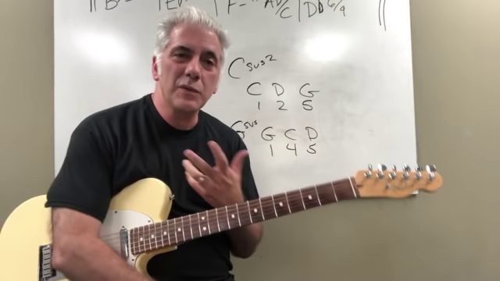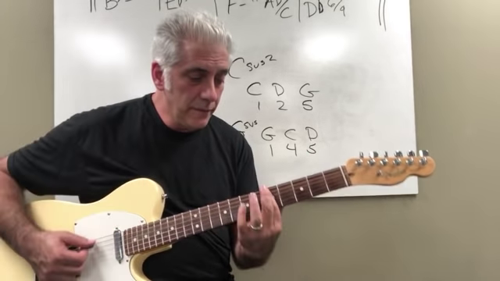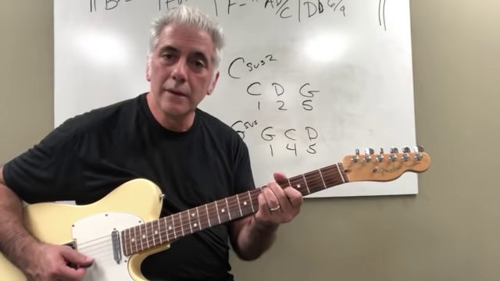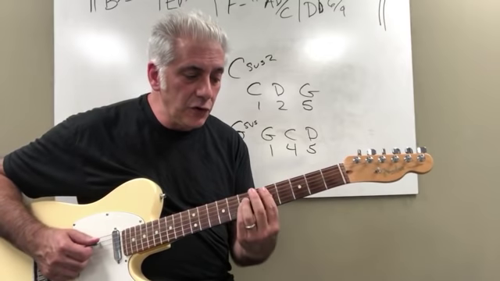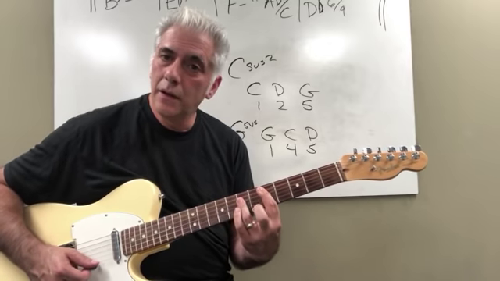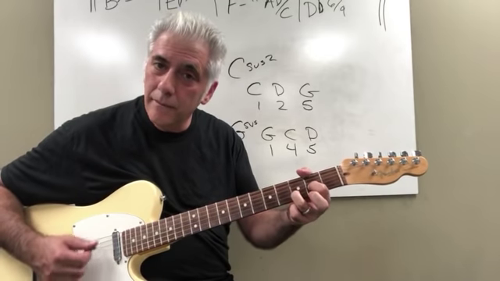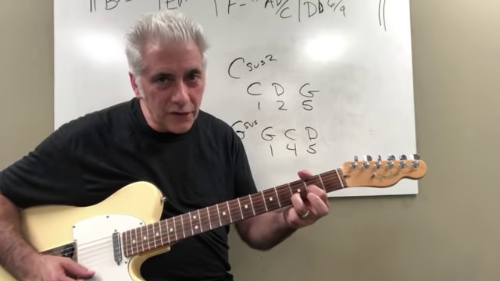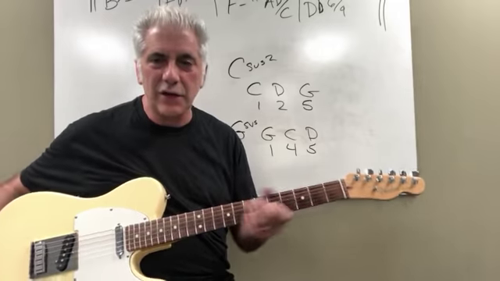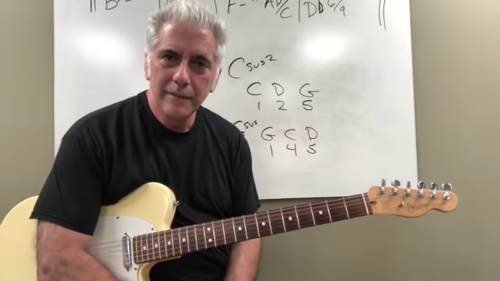Okay, so that's the difference between sus2 and sus4. Sus4 wants to resolve down. Sus2 wants to resolve up. Sus4 down, sus2 up. That's how you hear the difference between them.